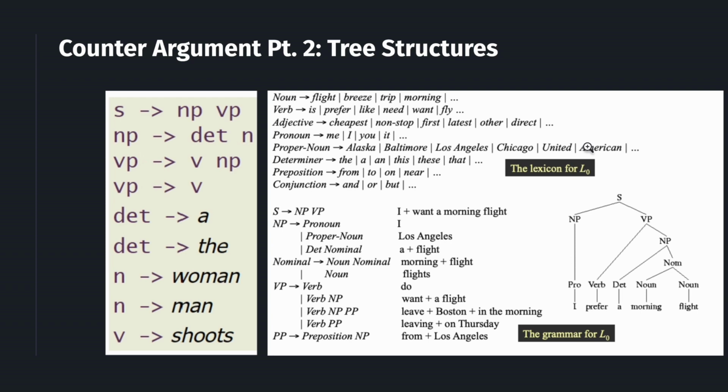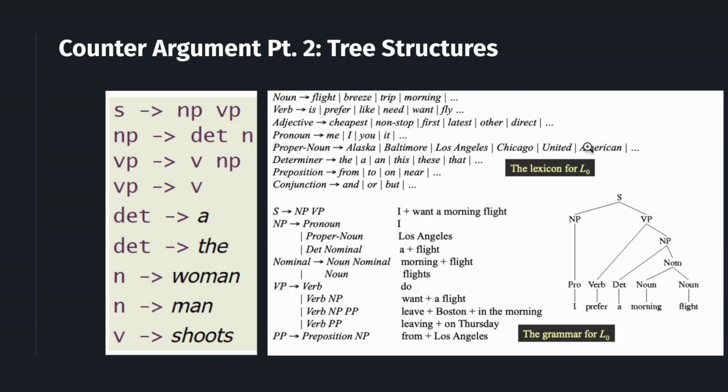So on the left-hand side, this is the grammar to generate simple sentences like "a woman shoots the man" or "the woman shoots a man." And then on the right-hand side, you see a more robust example of this tree-like structure.